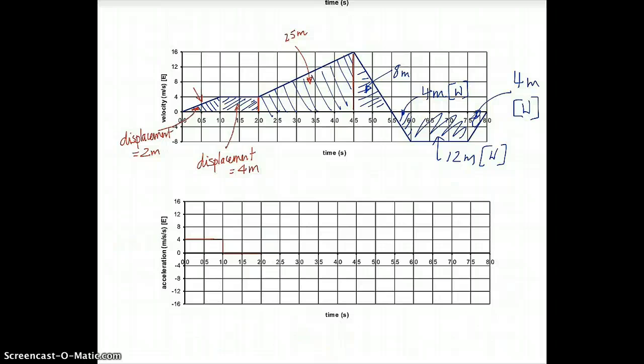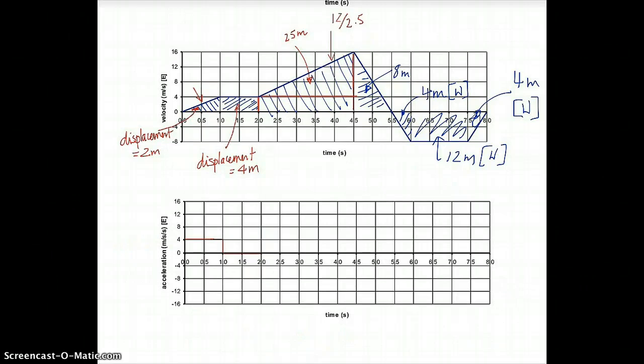If I go to the next segment, we want to be careful here when we're finding this slope of this segment, rise over run. So if I go from 2 seconds to 4.5 seconds to make my rise over run triangle, the rise would be from 4 to 16, so that's 12. So the slope would be 12, and then I would divide that by 2.5 seconds.